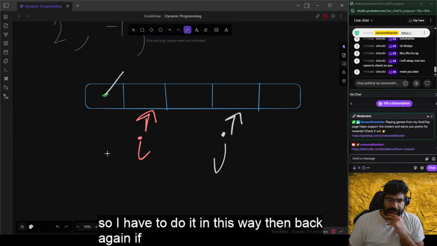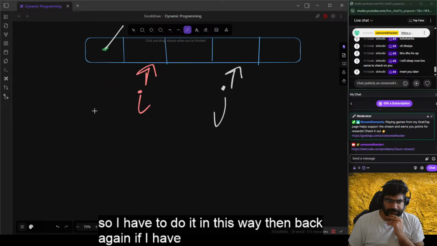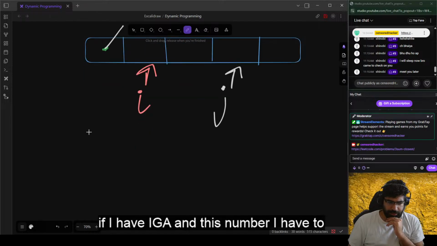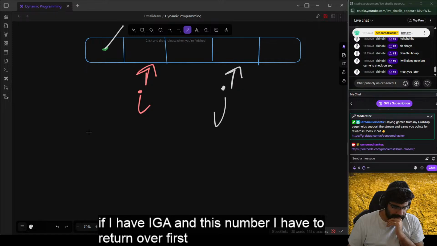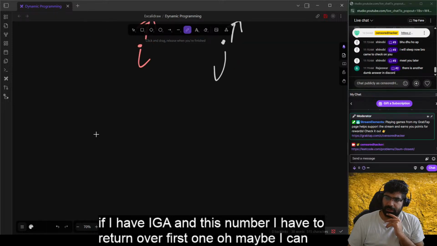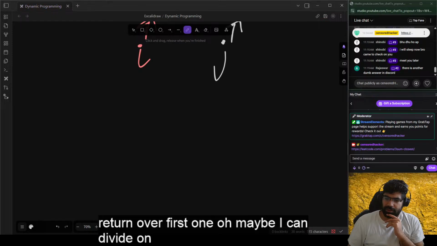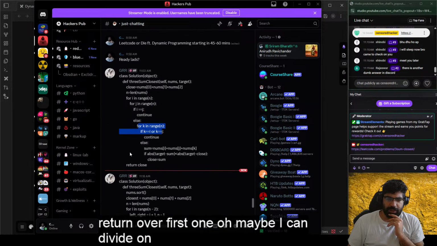If I have i, j and this number, I have to iterate over the first one. Oh, maybe I can divide and conquer. Is it working? Okay.